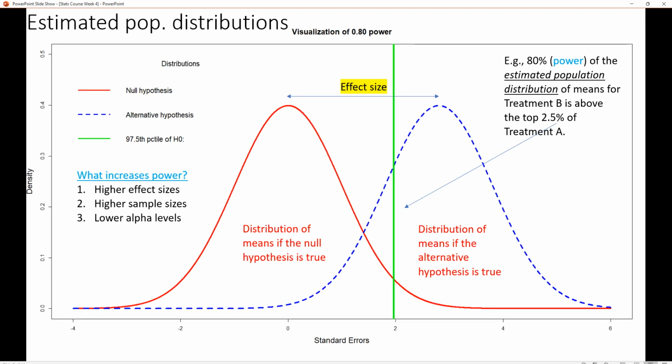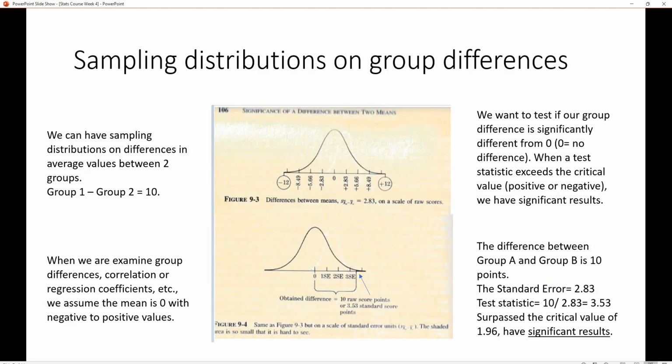So let me go back here. That value we just saw is close to that 3.52 value that we had in this graph. So I'll just show you about where that would be in that sampling distribution. If we were looking at a sampling distribution for these group differences, it'd be at a similar level of something that we'd consider very significant.